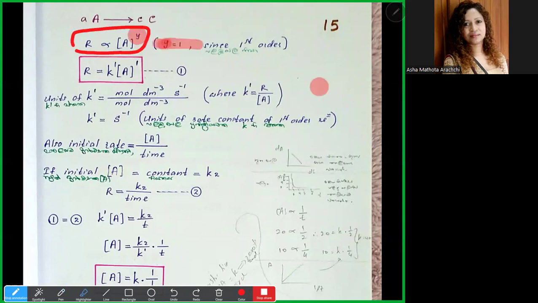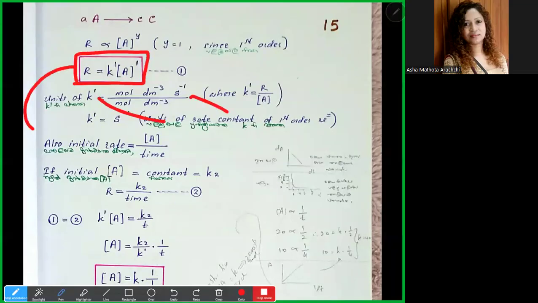So that rate expression I can write as A to the power 1. So to remove the proportionality sign, I'm adding K, so that I can write R equals K A to the power 1. Is this clear? Okay, then I'm just skipping this part. Then I'm just coming from here to here.